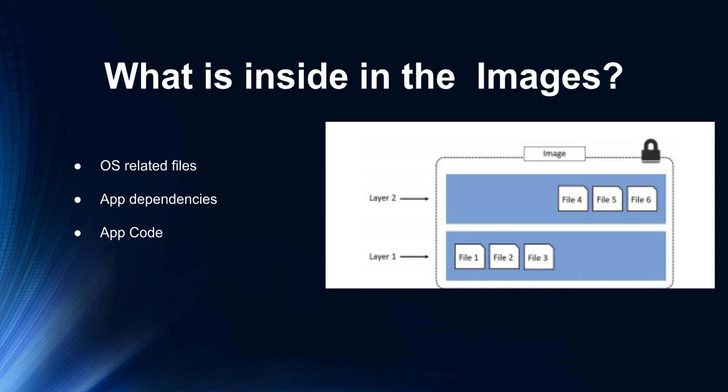Inside those layers, some files exist according to their specs. So this is the format: layer 1, layer 2, and there are some files in each layer. In the original case it is the same, and the layers are locked. You cannot do anything with the layers once it's in production.